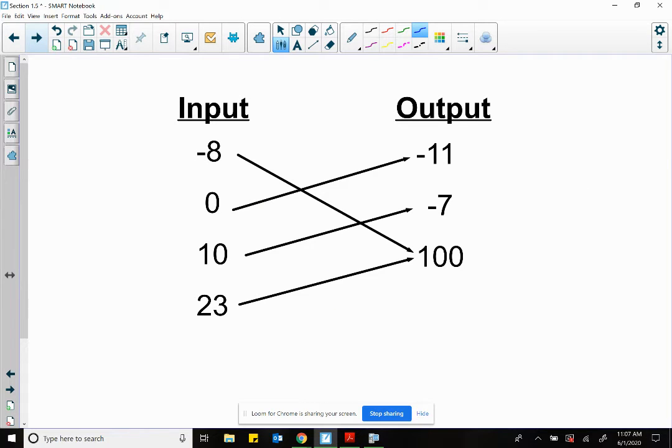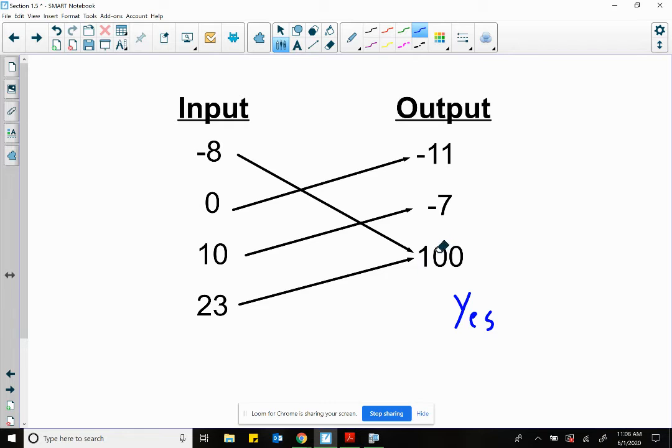All right. Take a look at this input-output table. Is this a function? Go. Okay. So hopefully you said, yes, this is a function. Because every x value is going to one and only one y value. See, there's only one arrow there.